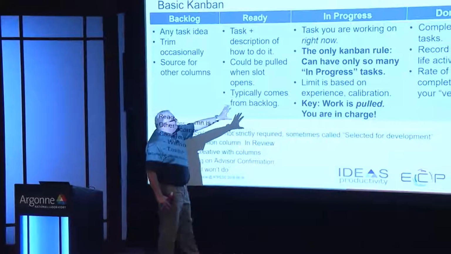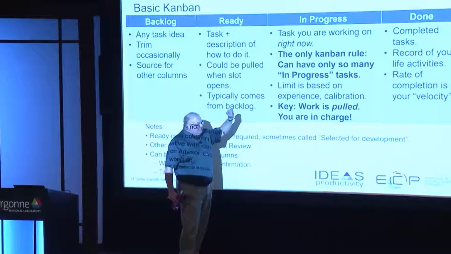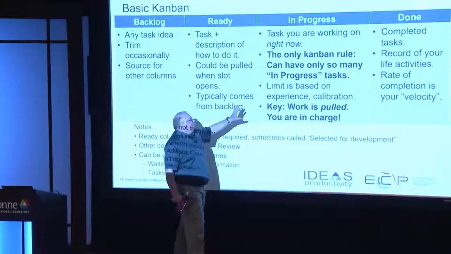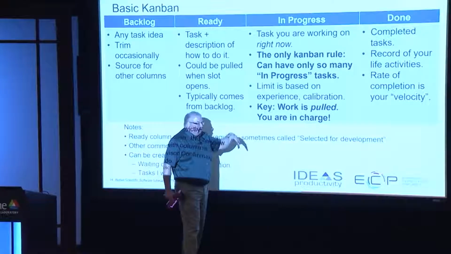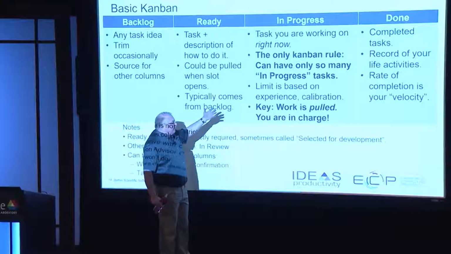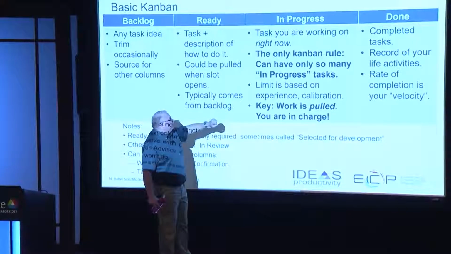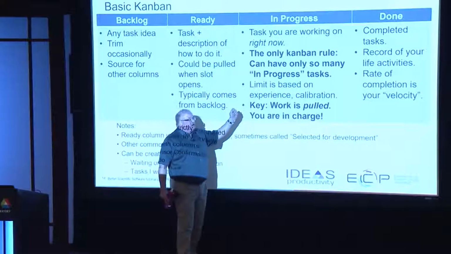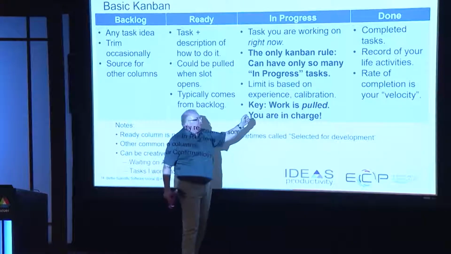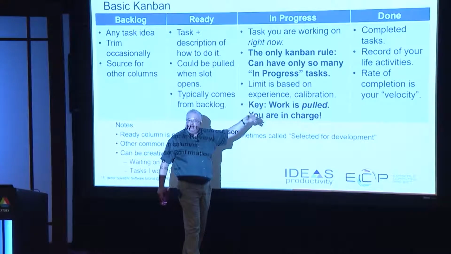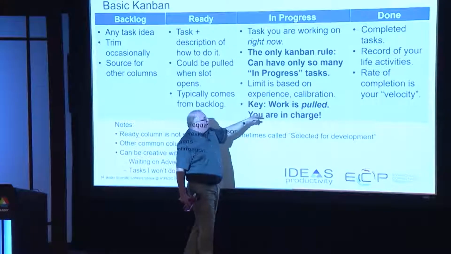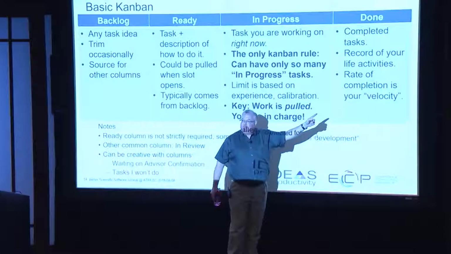And then there's this idea of tasks that are in progress. We limit the number of tasks in progress based on essentially the mental bandwidth that we have and our experience. But when a slot opens up for work in progress, let's say we can have 3 things in progress, right? So you get one done and you move it to the done category, right?